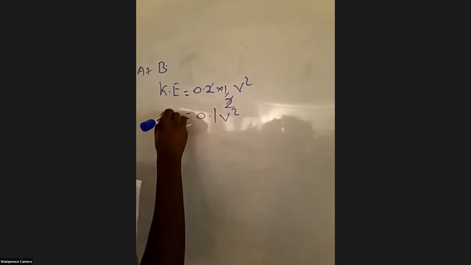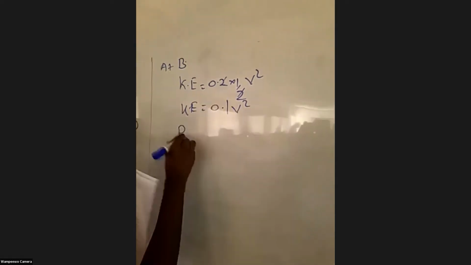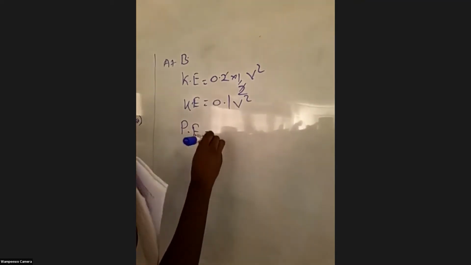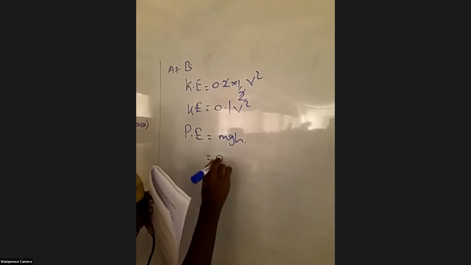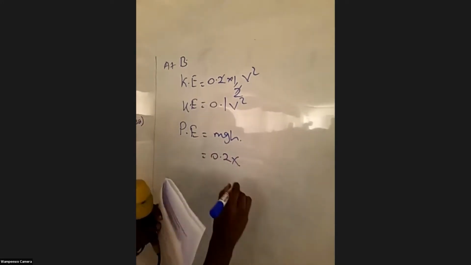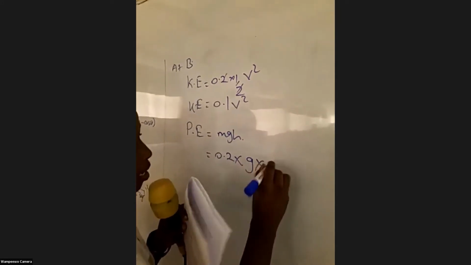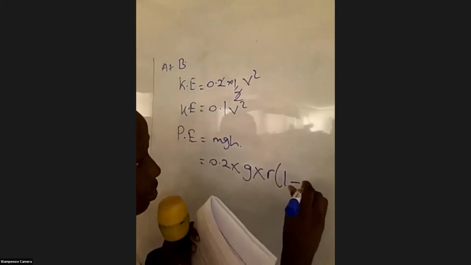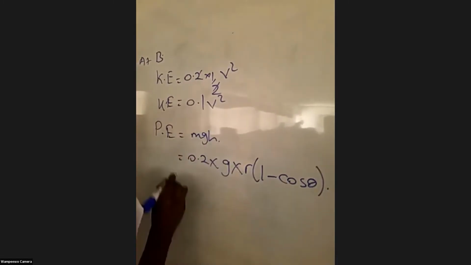That's the kinetic energy. But at point B, it also has potential energy, given by mgh, of which m is 0.2, g we can leave it there, then h is r times 1 minus cos theta.